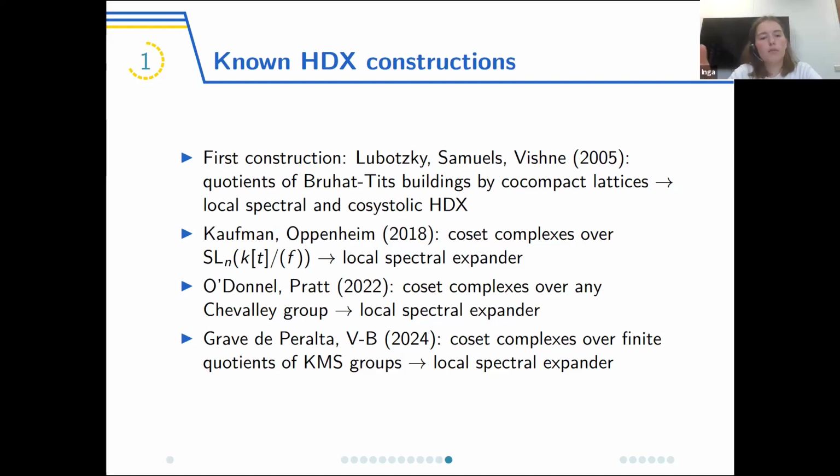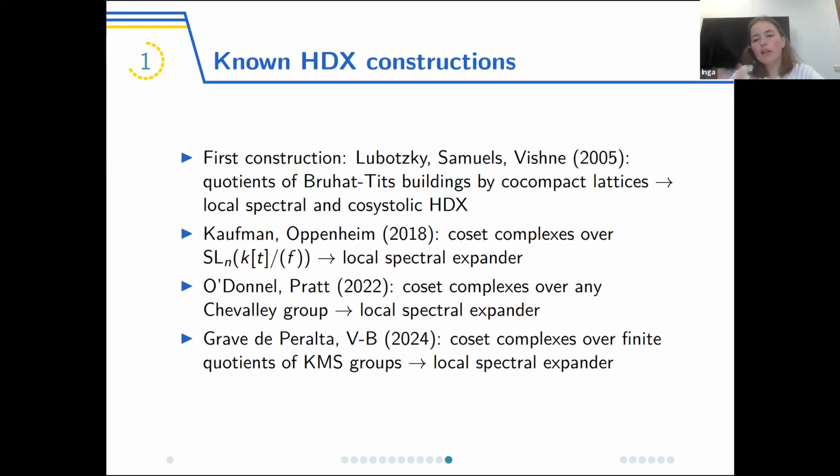And this construction was generalized by O'Donnell and Pratt to coset complexes for arbitrary Chevalley groups. And now our work can again be seen as a generalization of their results, where we now consider finite quotients of so-called Kac-Moody-Steinberg groups. And this will also give rise to local spectral expanders.